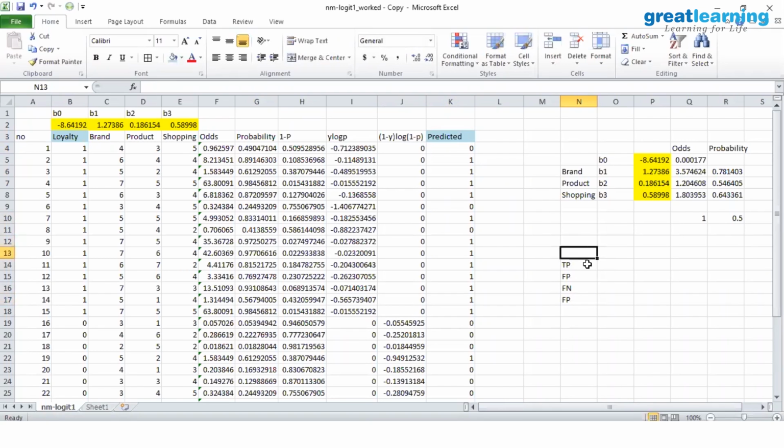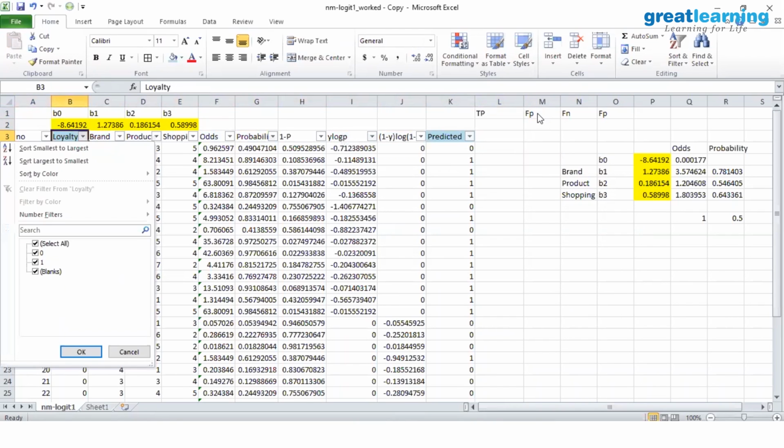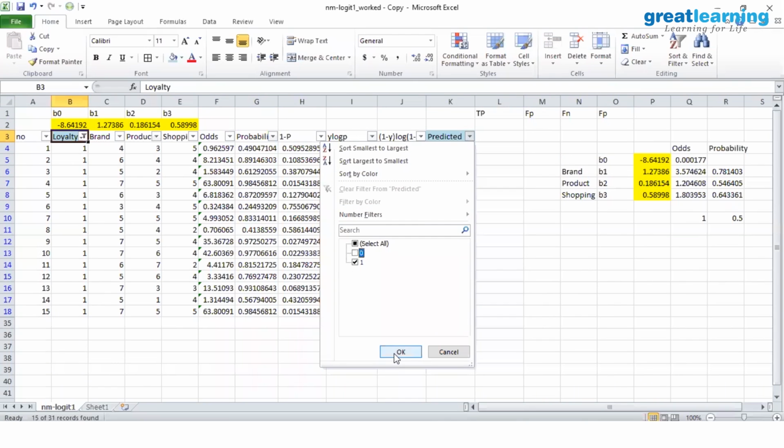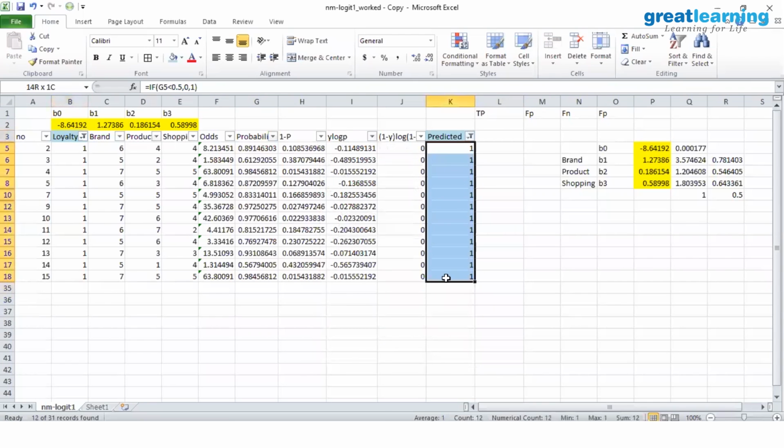So these are the 4, and I'm going to put them over here. Let me draw a filter here. What is actually positive, and how many are truly positive? So the total count is 12, truly predicted as positive.